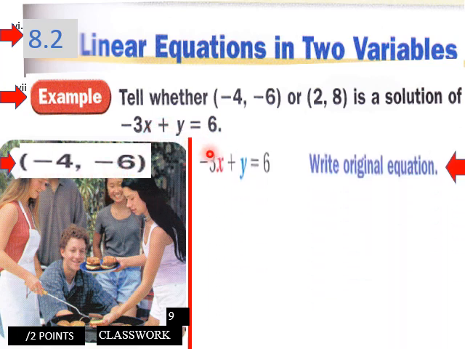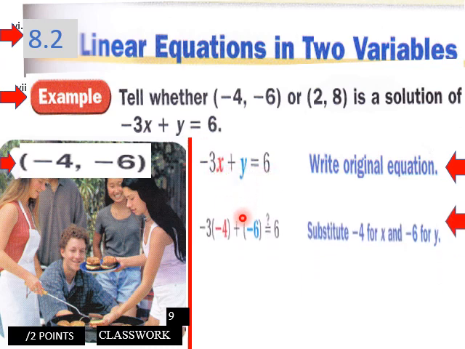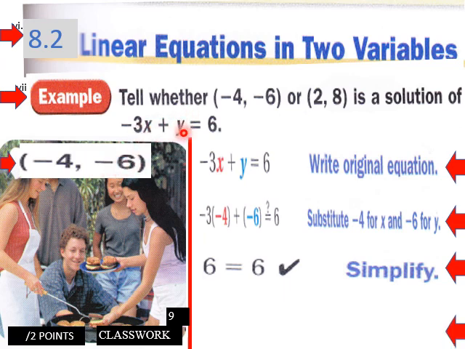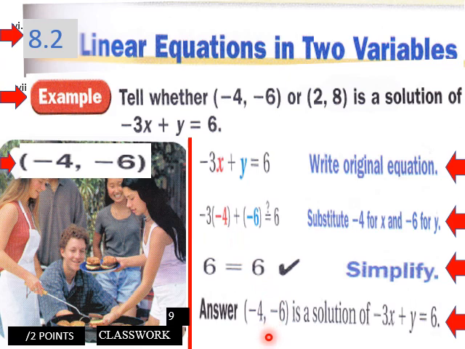We're going to plug it in: -3 times -4 plus -6. Does that equal 6? The answer is yes, it does. That means this is part of the solution for this equation. So (-4, -6) is a solution of -3x plus y equals 6.